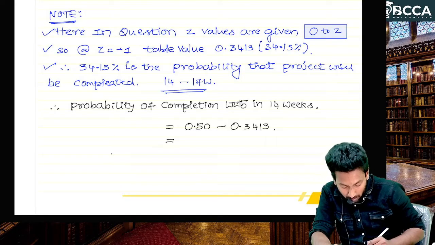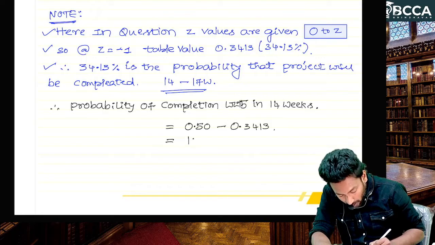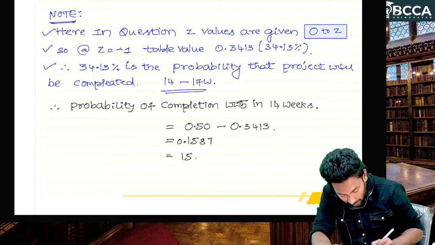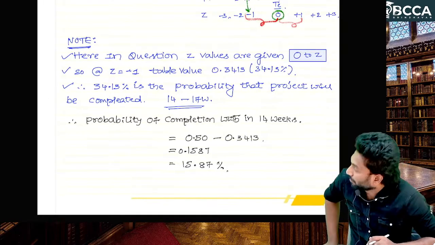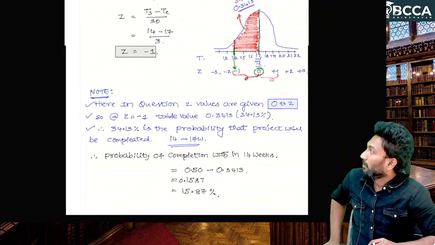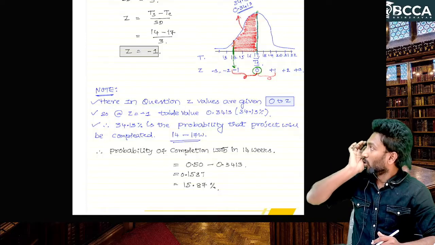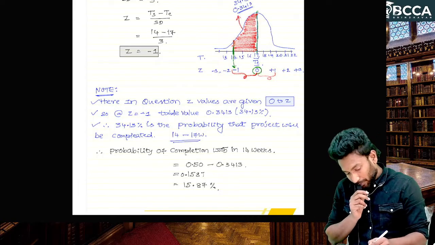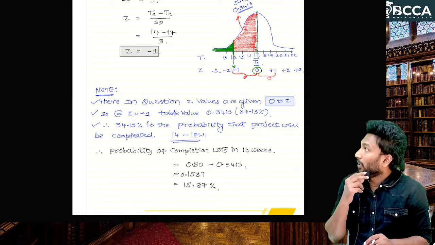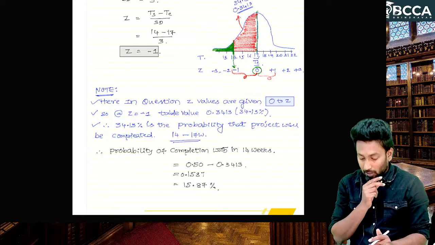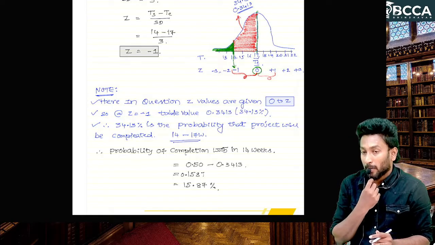How much, sir? 0.1587. That means 15.87 percentage of probability. Okay, the green area only is our required area, sir. That red colored area is table value area.